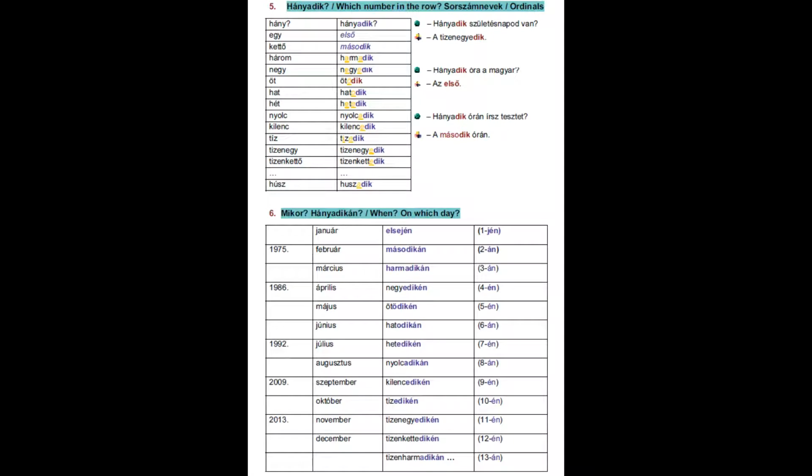So születésnap is birthday, and the od, remember the D at the end, generally means you. Okay, so your születésnapod is your birthday. Te születésnapod, your birthday. And van is.